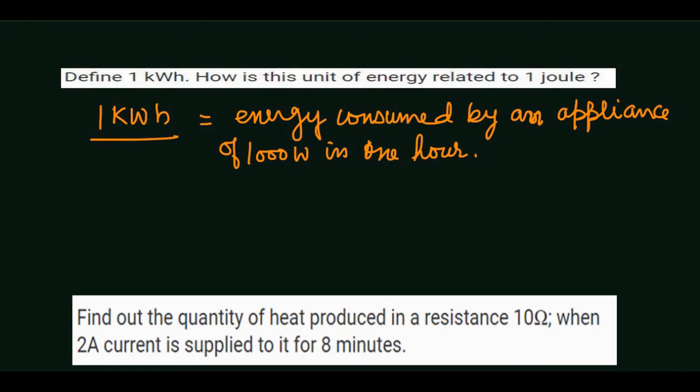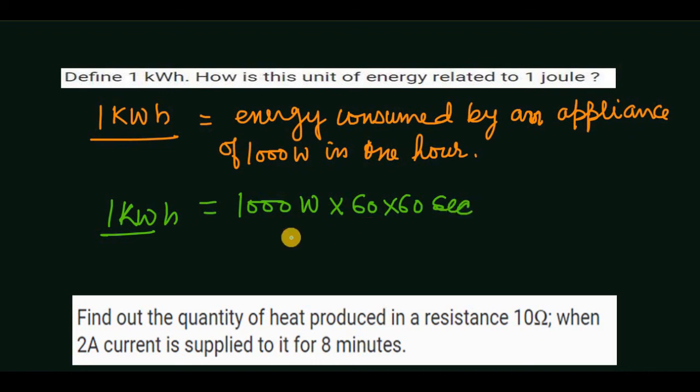We just change the values. 1 kilowatt hour, how do we simply write it? 1 kilowatt means 1000 watt, and hour to be converted into seconds. In 1 hour, 60 into 60 seconds.